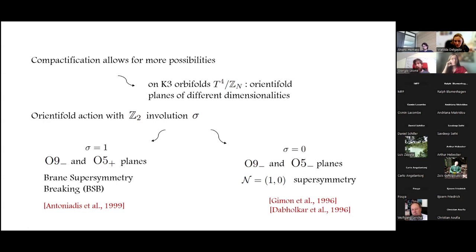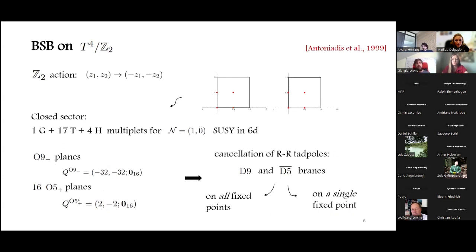So this is more or less the idea behind Brane Supersymmetry Breaking vacua. And now what I would like to do is to show you how this works concretely by discussing some concrete models. In particular, let me start with the base Orientifold obtained from the T4 over Z2 orbifold.